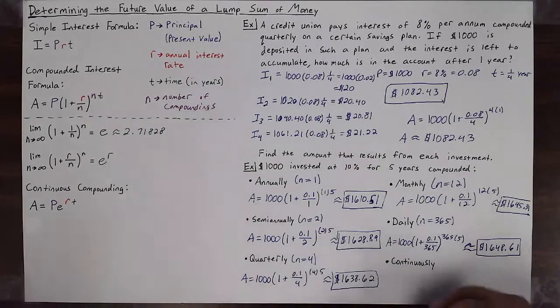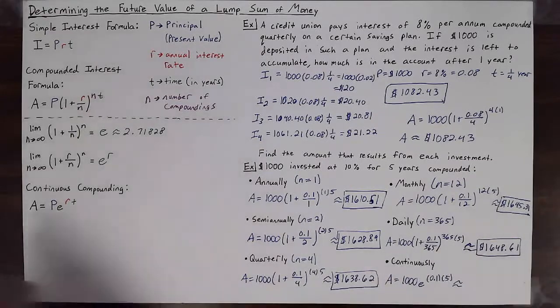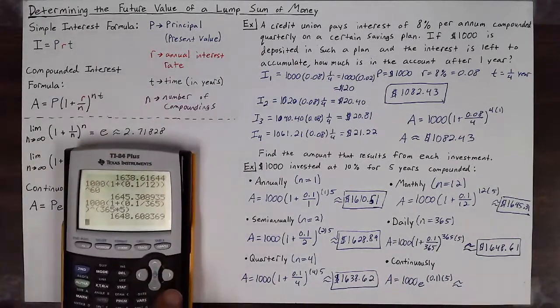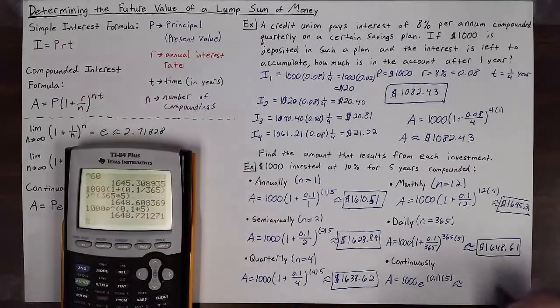So if I do that, I'll have A is equal to 1,000 times e to the rate, which is 0.1, times 5 power. So give me approximately 1,000 times e to the 0.1 times 5 power, $1,648.72.